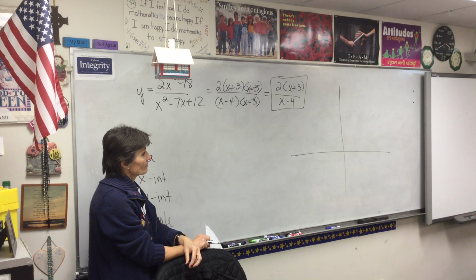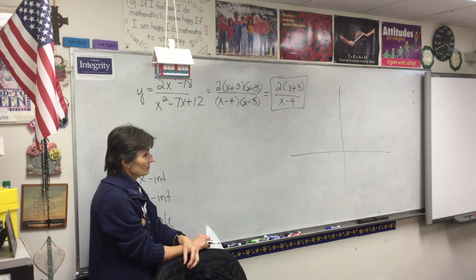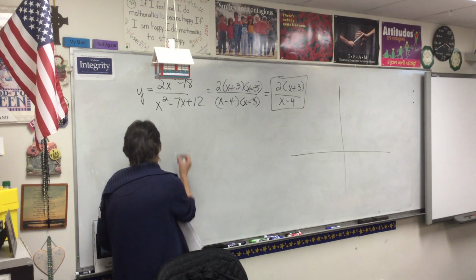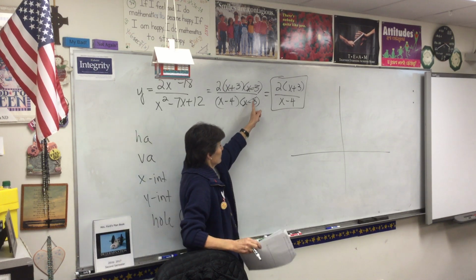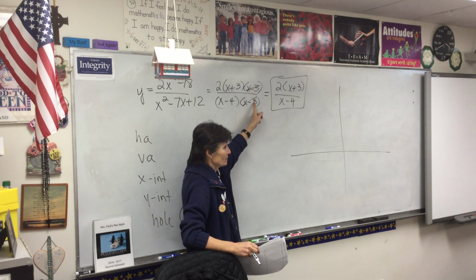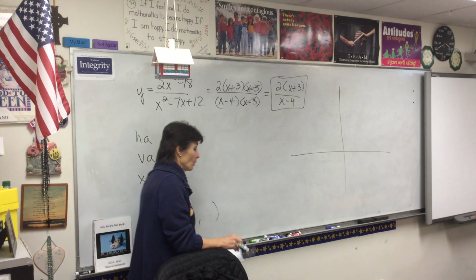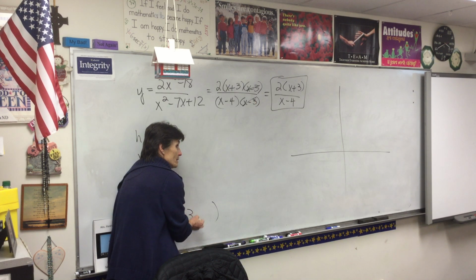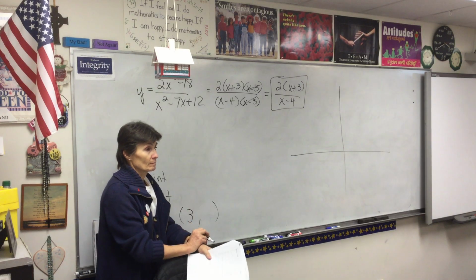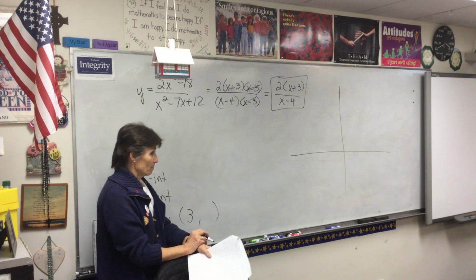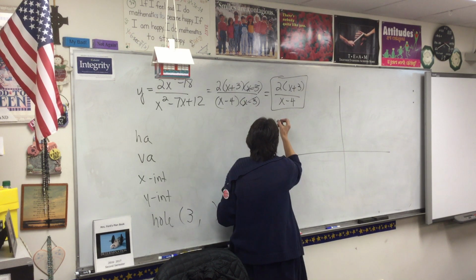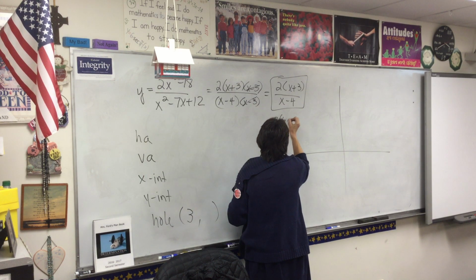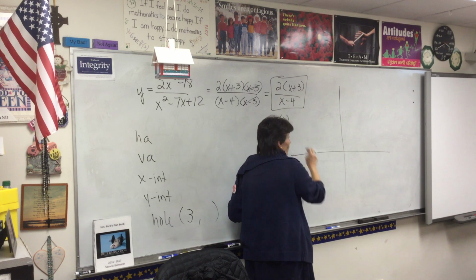Everybody in agreement? Okay. Now, let's take care of that hole right now. It's a point. This is what canceled out, which tells me my x coordinate will be 3. Now I'm going to plug it in here. So I have 2 times 6 over -1.